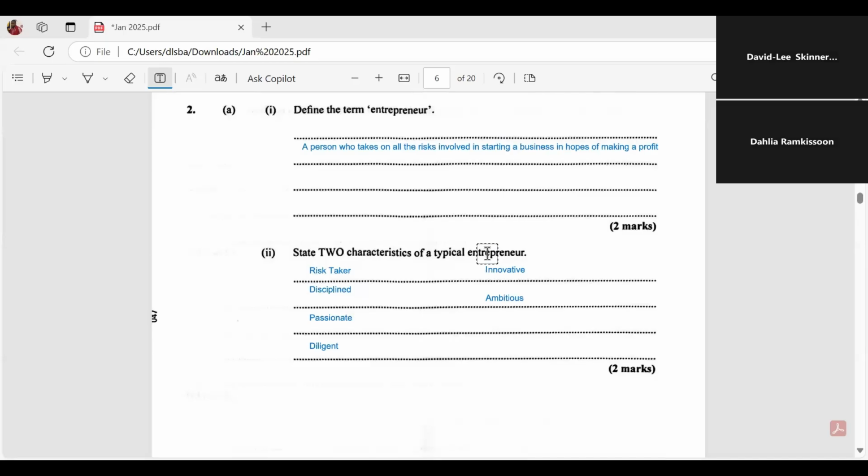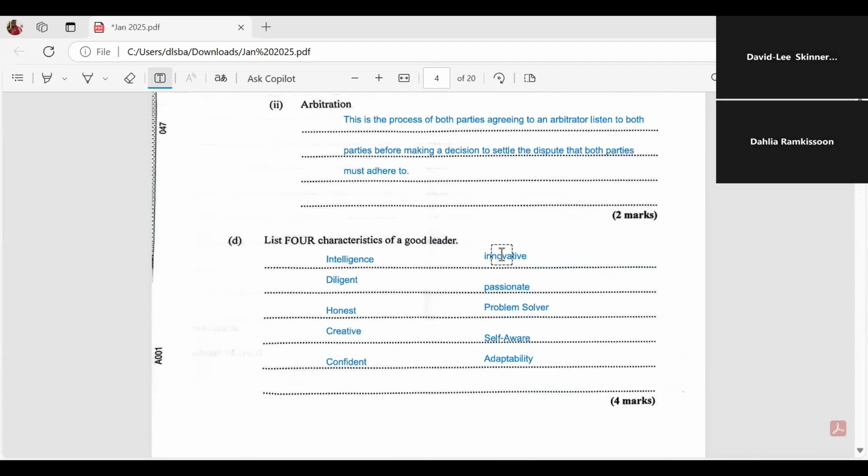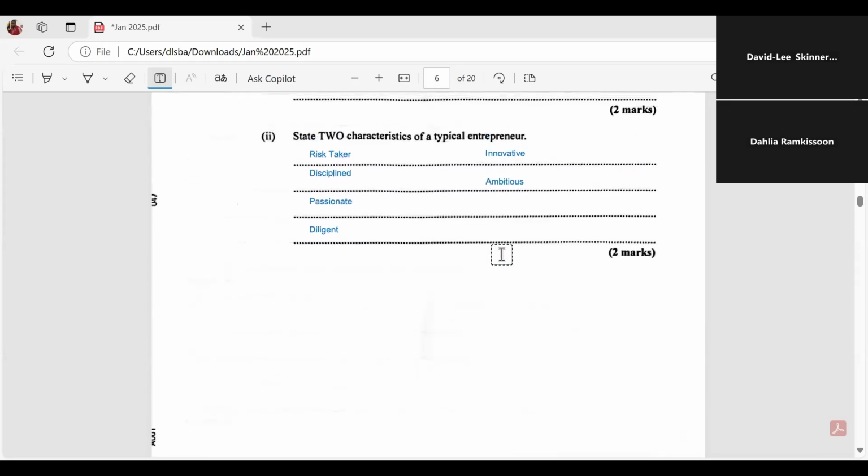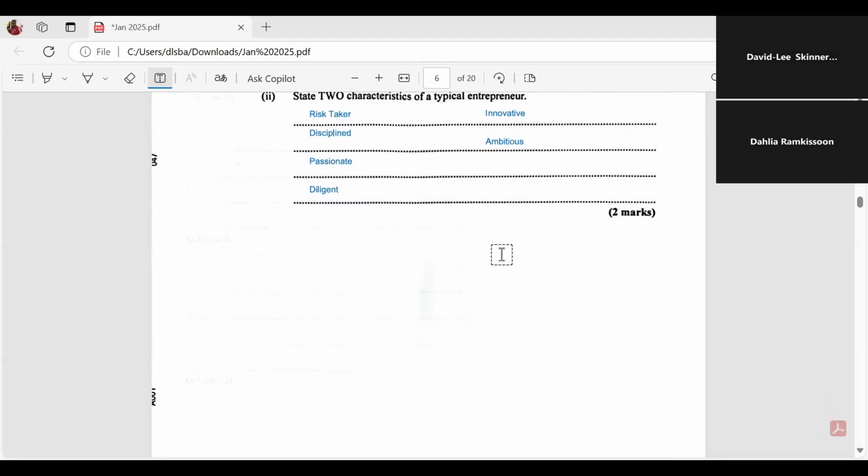All right, so they should be risk takers, they had to be smart, they had to be disciplined, creative, innovative, ambitious, passionate, diligent. Any of those things could work. Some of the ones I used for the leadership, I could have put down here if I wanted. Can I put intelligence? Yeah.